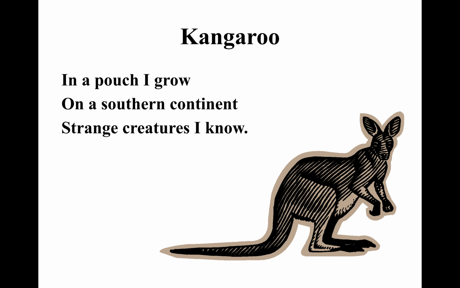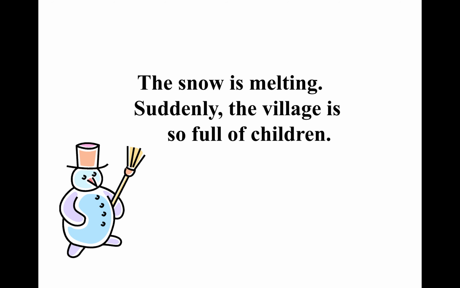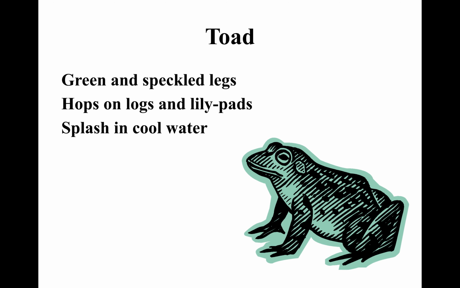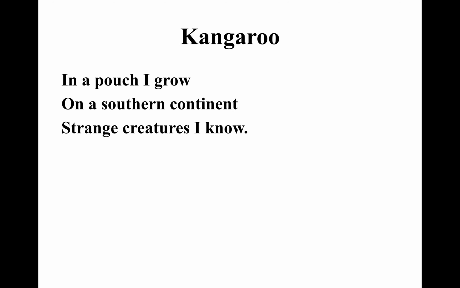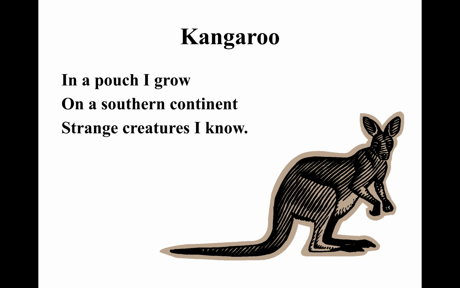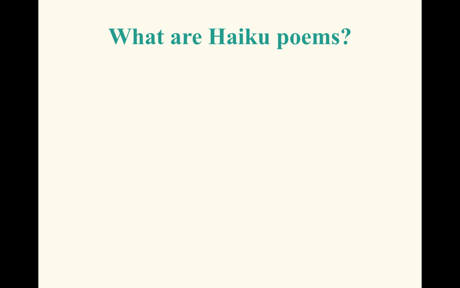Okay, I'm going to flip back just so that you can have a quick look again. What do they have in common? Okay, hopefully you picked up that all of them are very short.